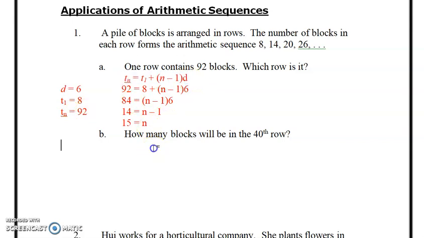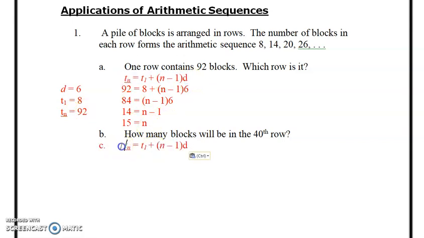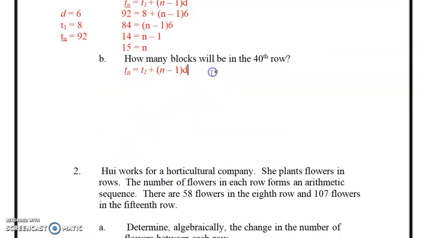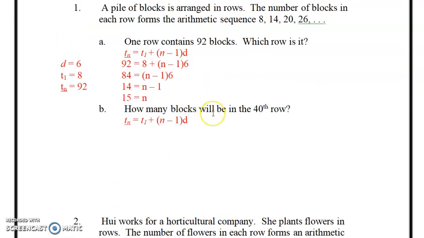So I just rewrite the formula and then fill in what I have. The nth term, Tn, we can replace the n with 40 because we're looking for the value of the 40th term.